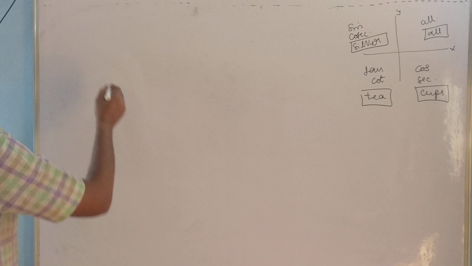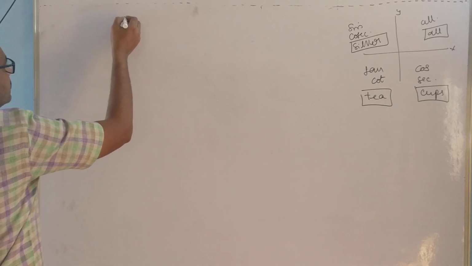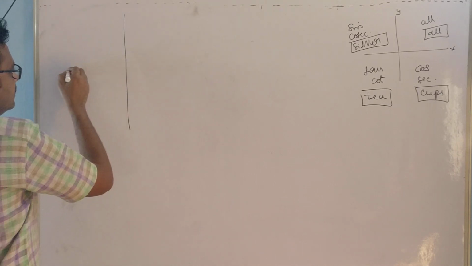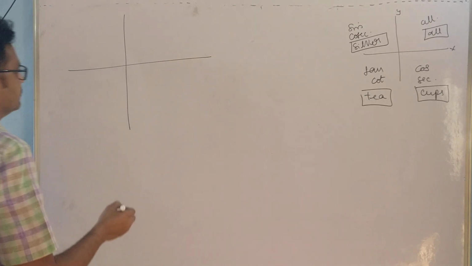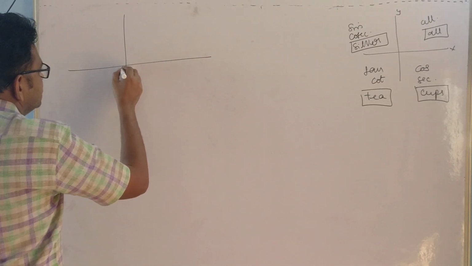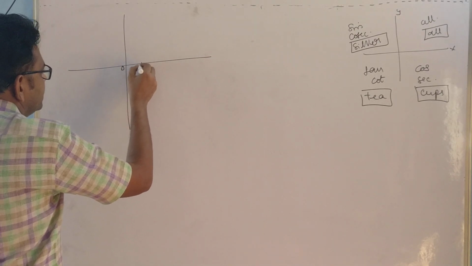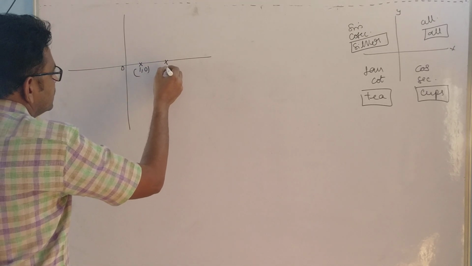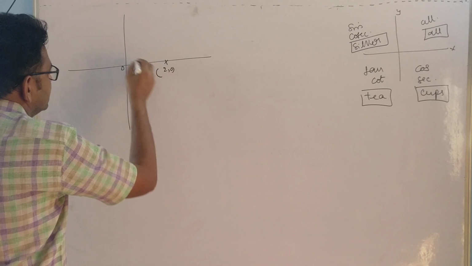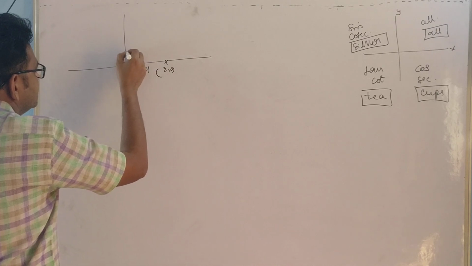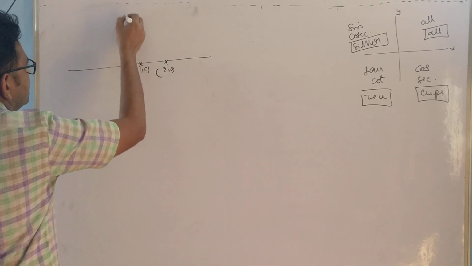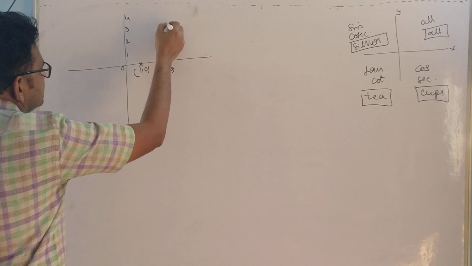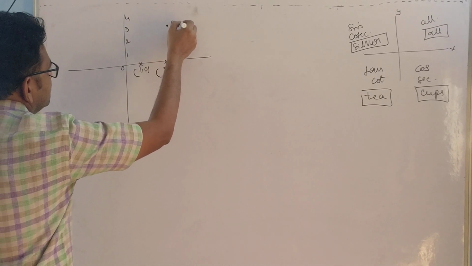Okay. Now again we go for this. See, this is 0, 0; suppose this point is 1, 0, this is 2, 0, like this. Now this is 1, 2, 3, 4. The point is 2, 3.